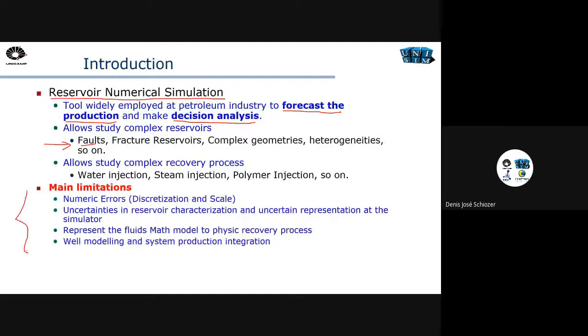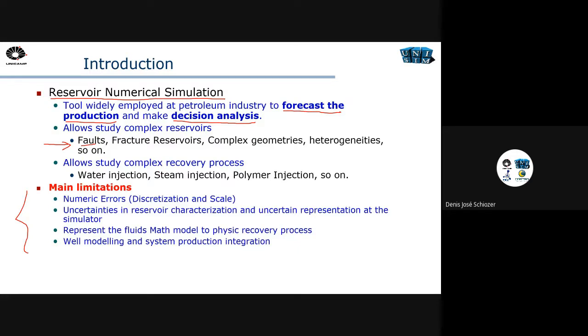But despite these limitations, the reservoir simulation is today the most used and most reliable technique that we have for forecast production and decision analysis. Okay. So when we want to study complex reservoirs, complex processes like water injection, steam injection, polymer injections, and so on, these tools are the best way we have to forecast production and to make decisions.